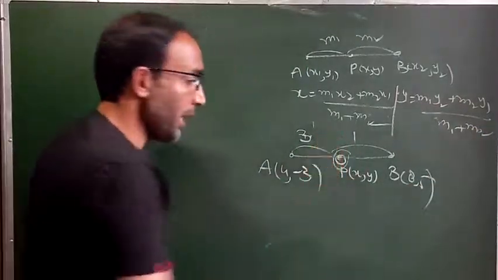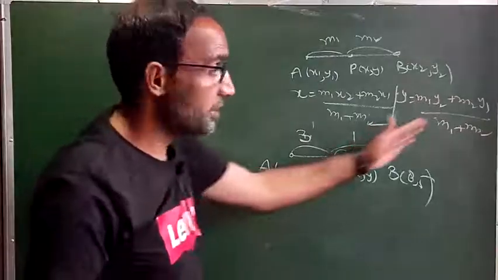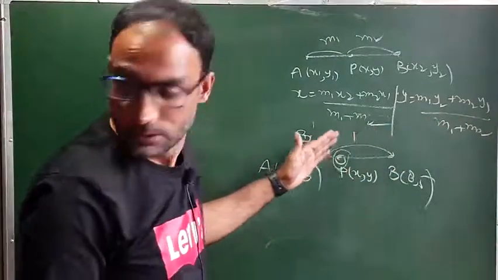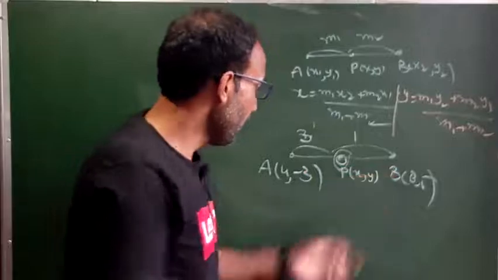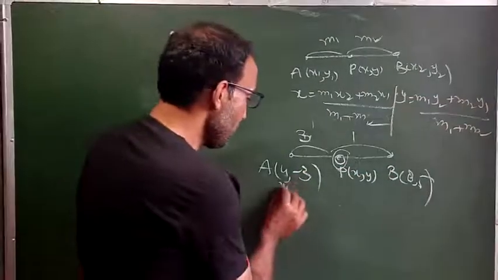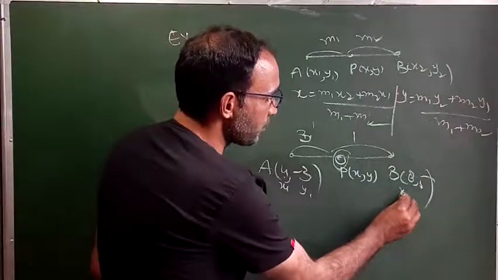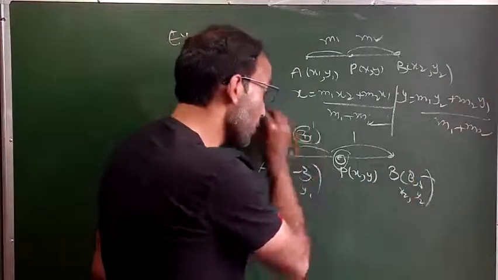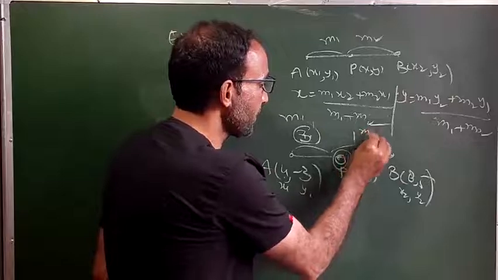Then how will we determine its coordinates? Keep in mind, check this point. What is the value of x1? That is 4. This is x1, this is y1, this is x2, this is y2. And my dear students, this is m1 and this is m2.